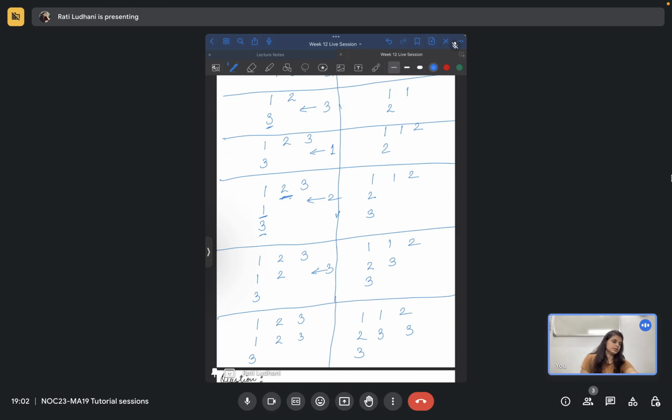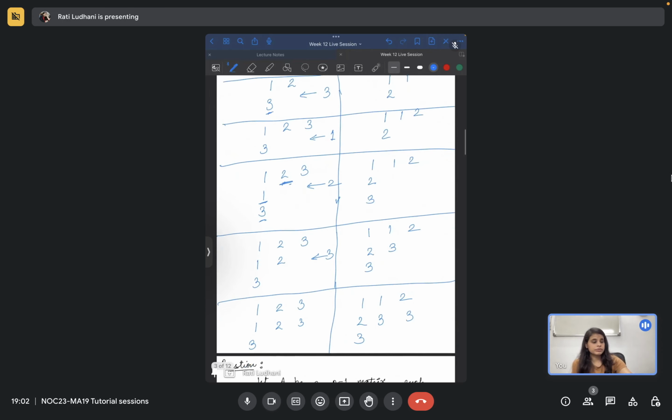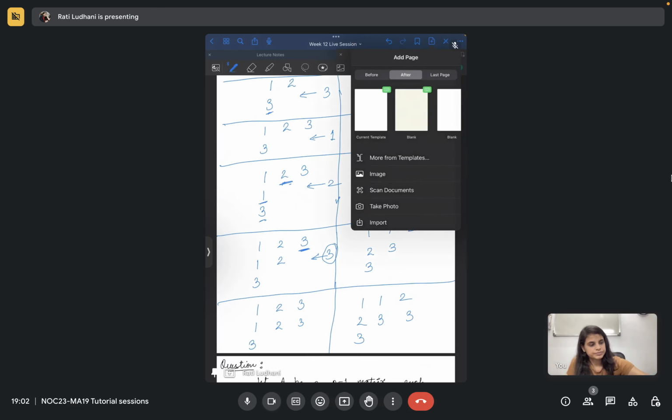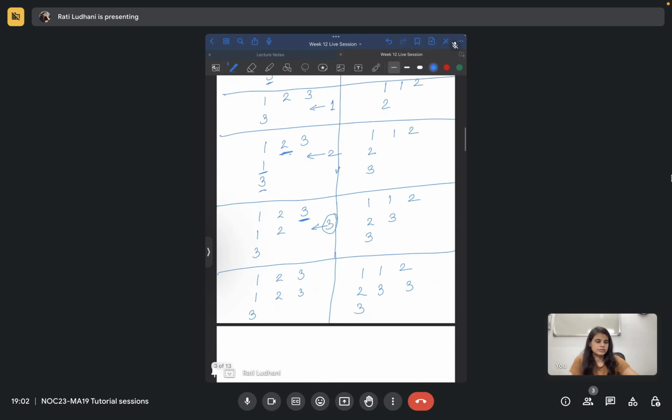The only difference came because here we are also looking at equality. Otherwise in RSK, the new number 3 would have come in the first row itself, 1 2 3 3. That is the major difference. In RSK we didn't see equality, just the bigger number only.